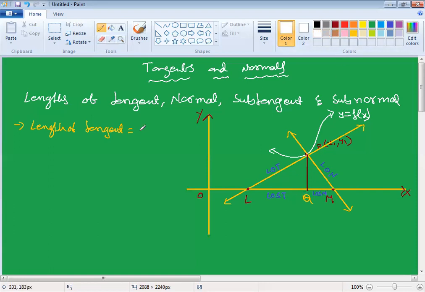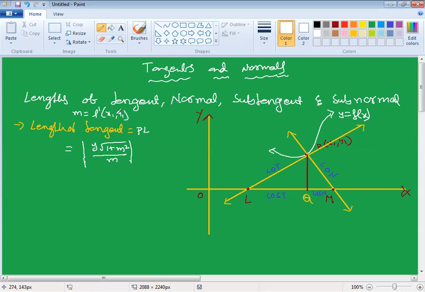So first, the length of tangent is PL. At that point P(x1, y1) we are finding it, so we must use differentiation. We write this as mod of y root over 1 plus m square by m, where m is what? m is nothing but f dash of x1, y1.